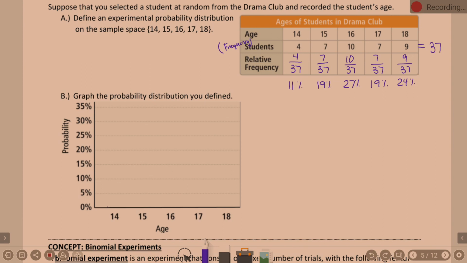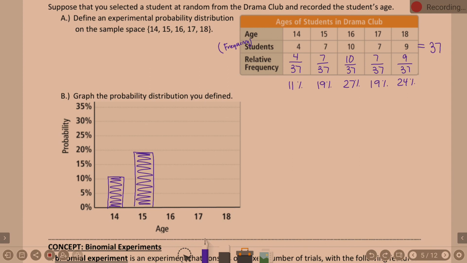14-year-olds were 11. So I'm going to make a bar approximately 11% high. 15-year-olds was 19%. So I'm going to make a bar approximately 19 high. Okay, 16-year-olds, 27%.